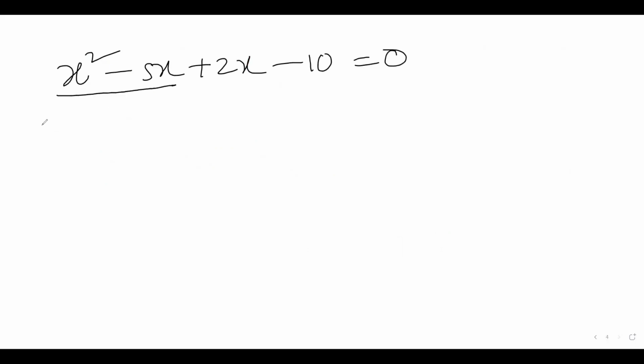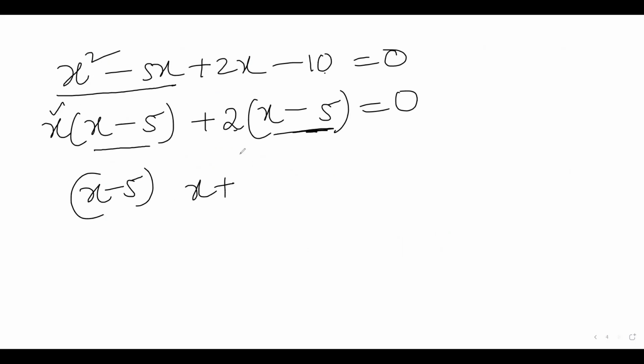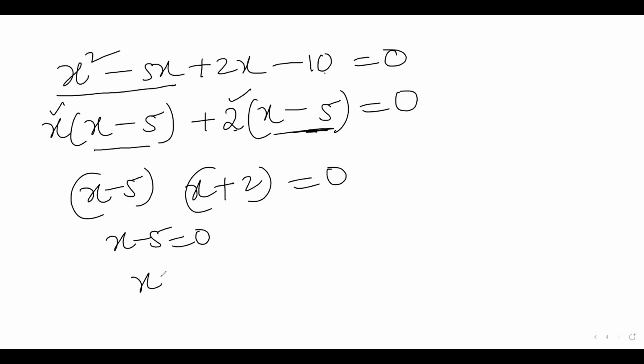Take x as common. X and 5 will remain. Take 2 as common. 2 5s are. You will get same term in the middle. Take that as common. If you take x minus 5 as common, here x will remain and 2 will remain over here. Equate: x is equal to 5, x is equal to minus 2.